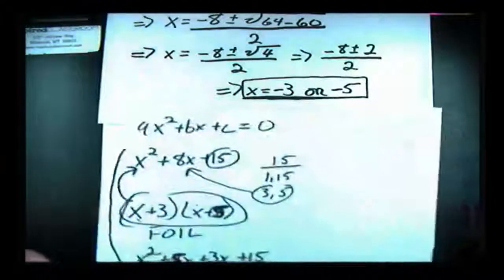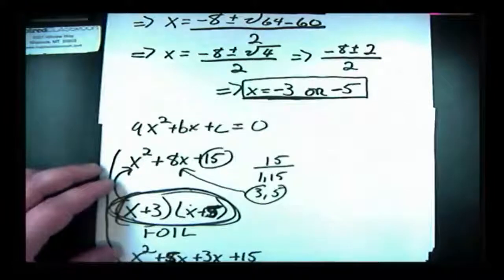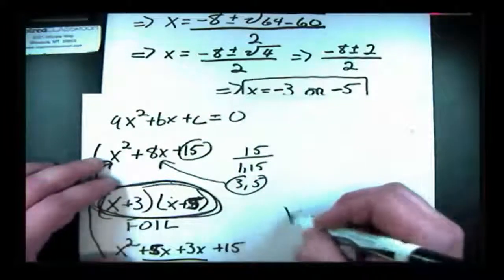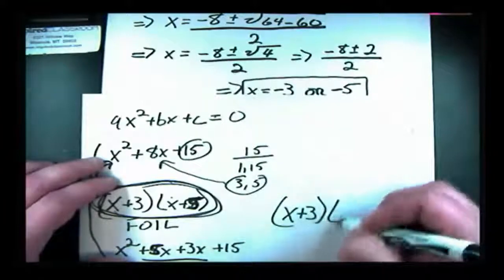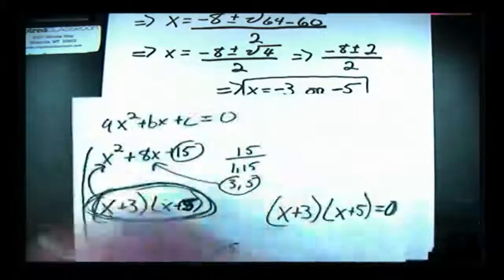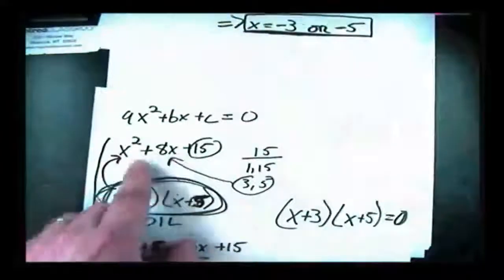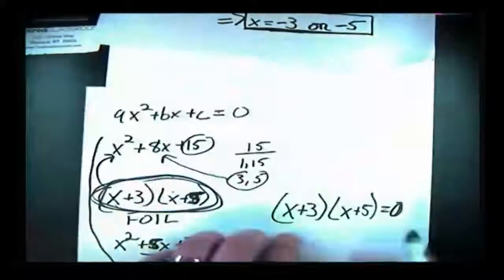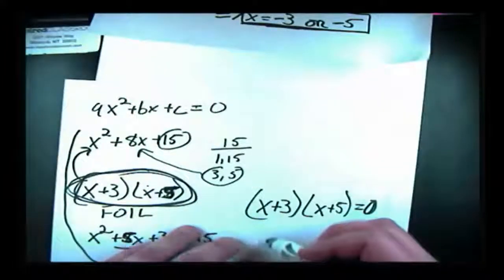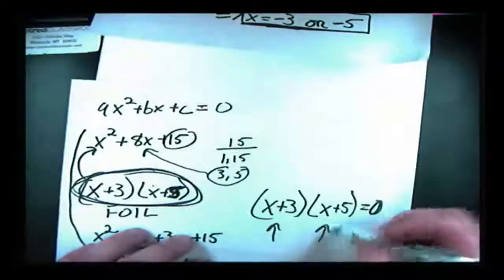Now if we look back at our factored form, x plus 3, x plus 5, I want you to notice that if I set it equal to 0, which is the rule for quadratic functions, and I know that this is the factored form, well, in order for this to be 0, this term has to either be 0, and 0 times whatever this is will equal 0, or this term has to be 0.